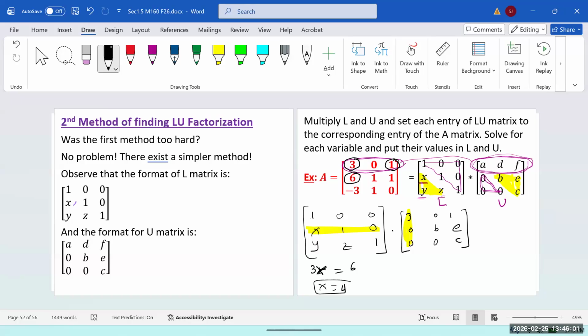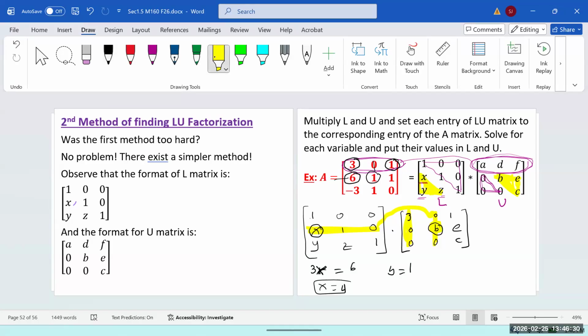And then we can go to the second row, second column. So here we have only one unknown, b. b times 1 is b. And second row, second column, we have this number. So b is 1. So we found our x and we found our b.